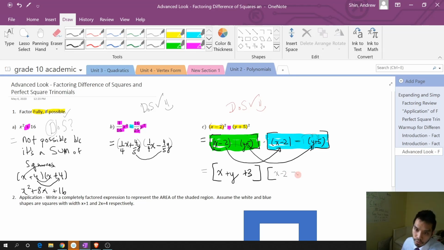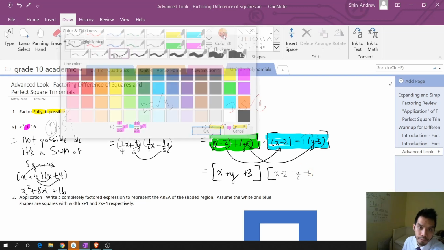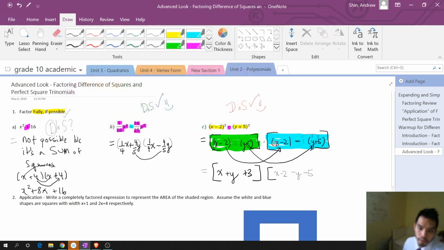So this will be minus y and minus 5. And this is as simplified as possible, so I'm going to let this relax. This we can now simplify. So x minus y, and negative 2 minus 5 will be minus 7.